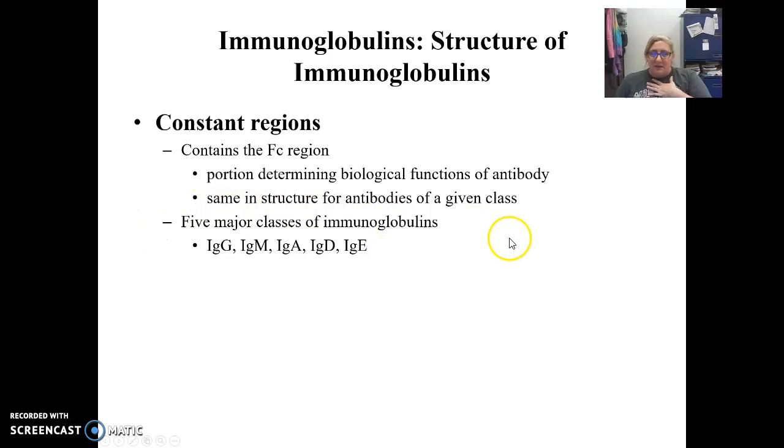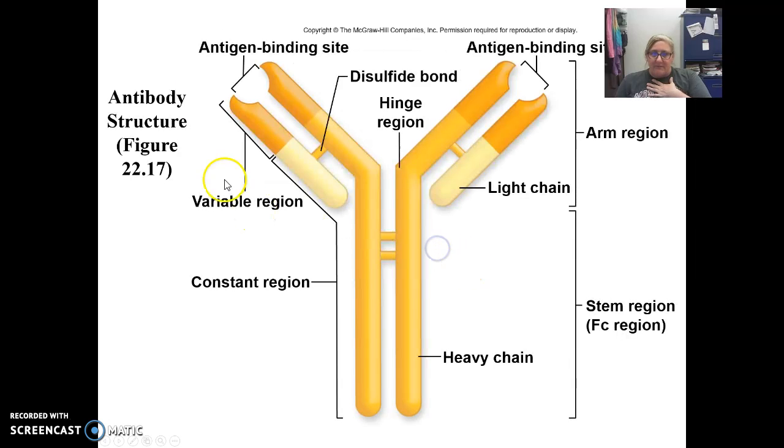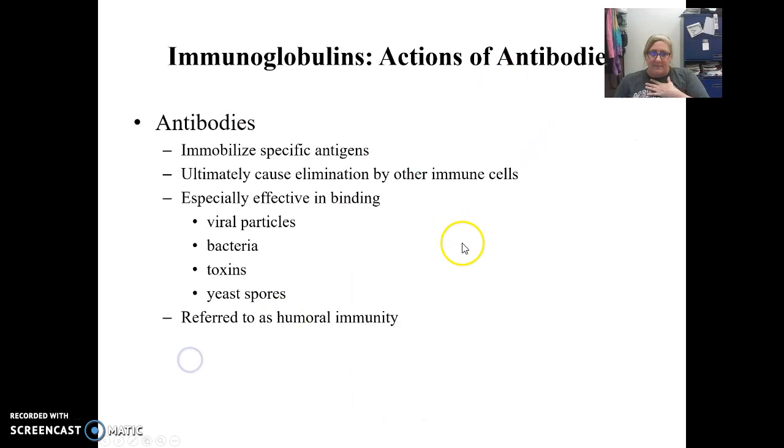What I do want you to understand is that each of these antibodies has its own constant region and its own variable region. Here's the variable region, and again, here's the variable region. This is the constant region. And this generic antibody looks just like an IgG antibody, immunoglobulin G antibody.